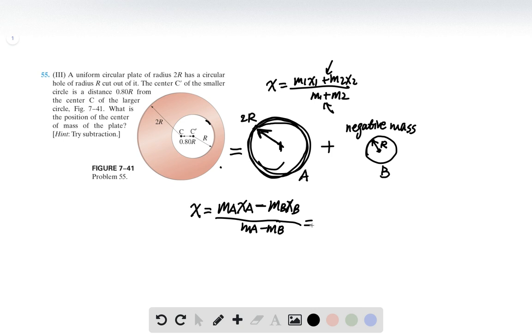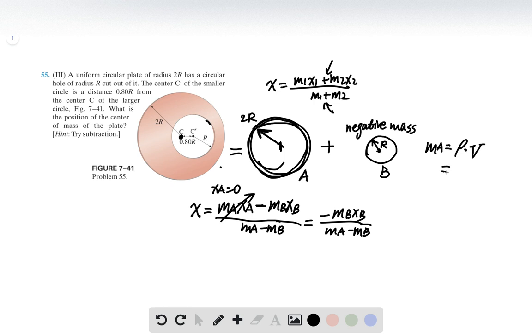We will treat C as the origin. Because of that, MA XA can be ignored because XA equals 0. So all we have is negative MB XB over MA minus MB. So how do we find the relationship between MA and MB? We know MA equals, since it's the same material, rho times the volume.